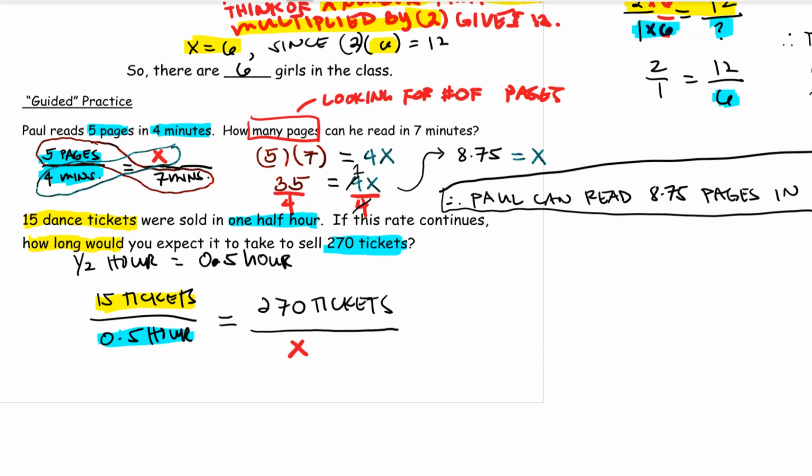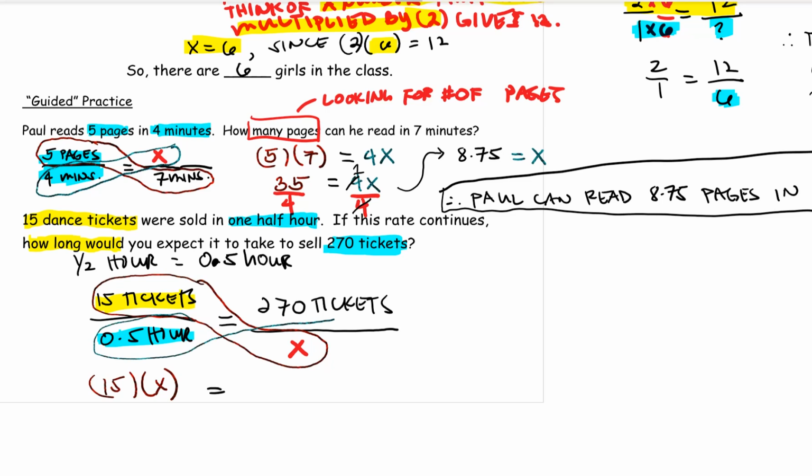We can do the same thing as earlier. We will cross multiply the numerator of the first ratio by the denominator of the second ratio. So 15 times x is equal to 0.5 times 270.